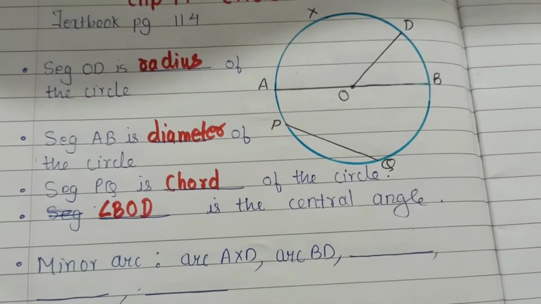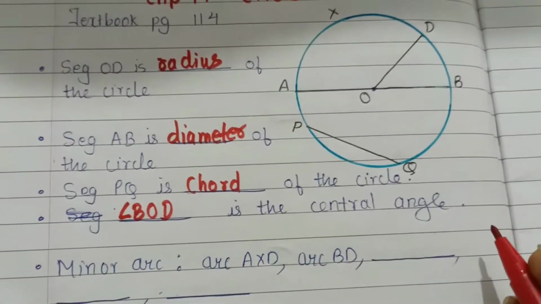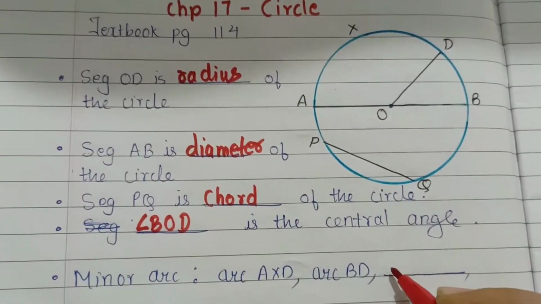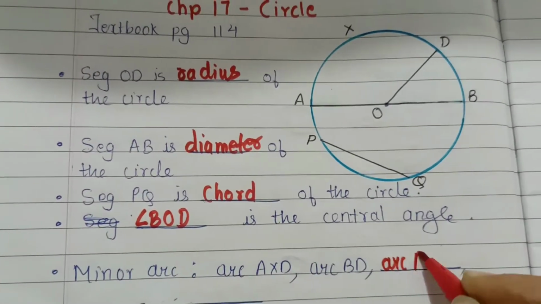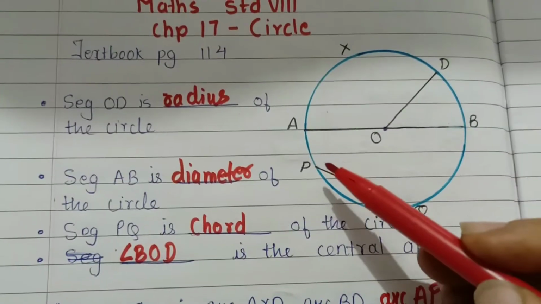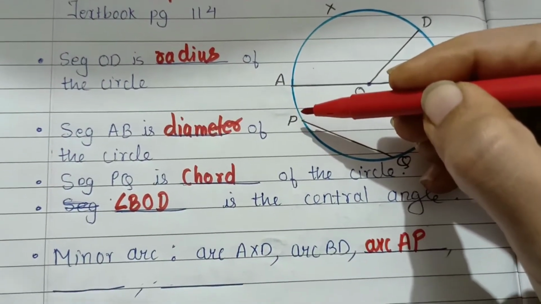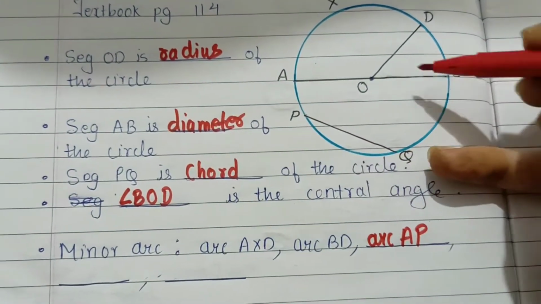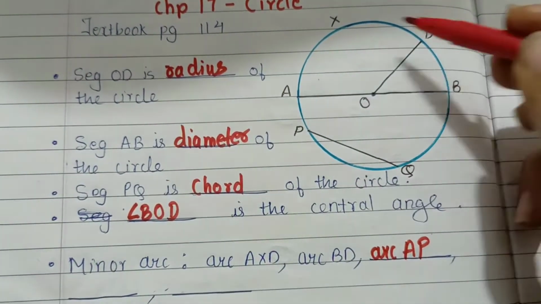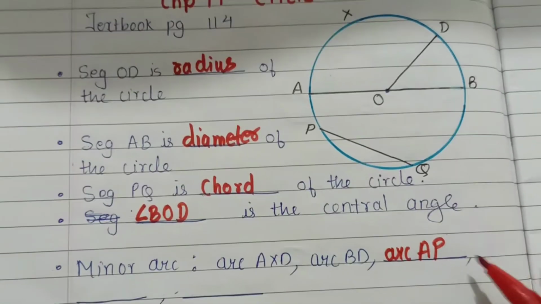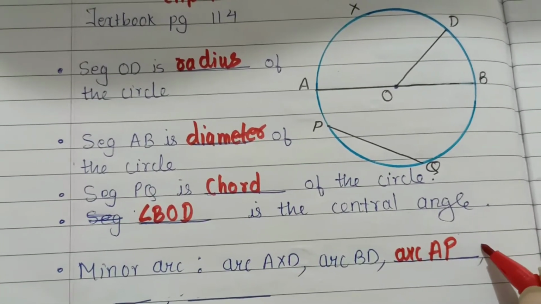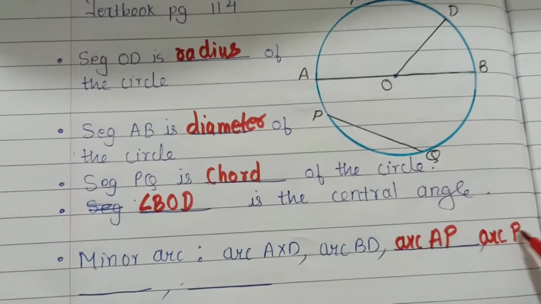Now we have to write a few more minor arcs. So I'll write it down over here as arc AP. So this is arc AP, which becomes the minor arc. Like this you can write down as many arcs as are formed in this figure. Another arc, that is arc PQ, is also a minor arc.